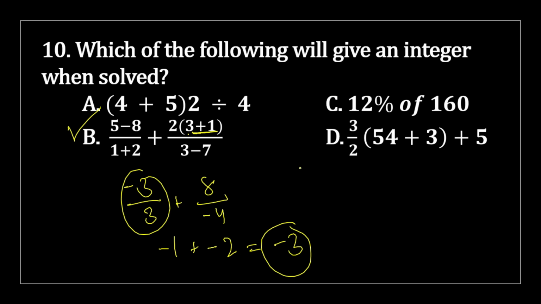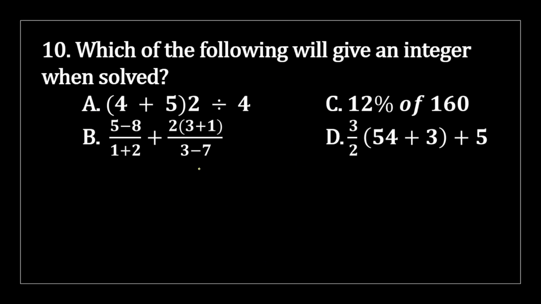Now let's try letter C and D. Maybe there are two answers for this, or maybe there are some corrections. So this is 12% of 160. So that is 0.12, sorry, 0.12 multiplied by 160.